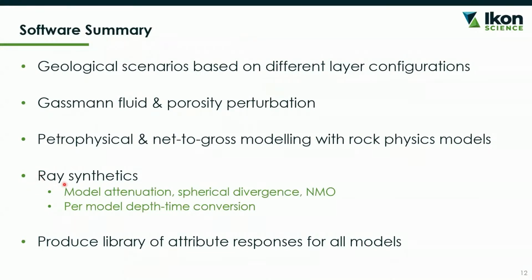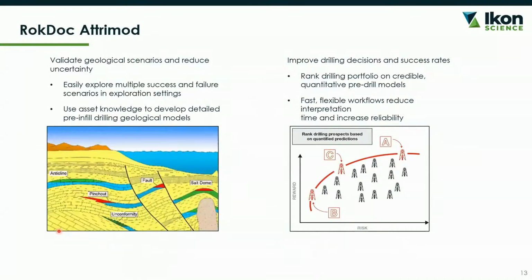With the ray synthetics, you can model attenuation, spherical divergence, NMO, and you have that per model depth time conversion to help you better understand the implications of these perturbations on your velocities. So yeah, you can produce a library of attribute responses for all of your models. So really, that's the end of it.